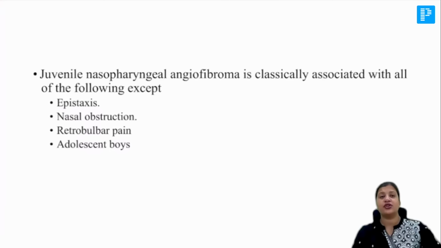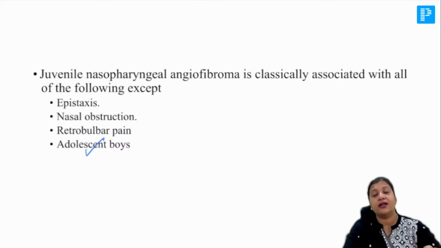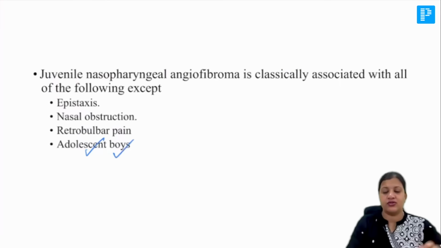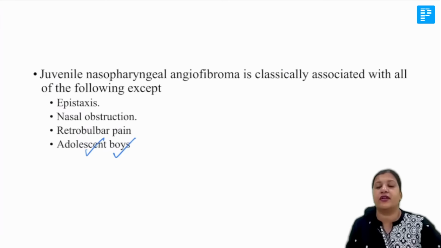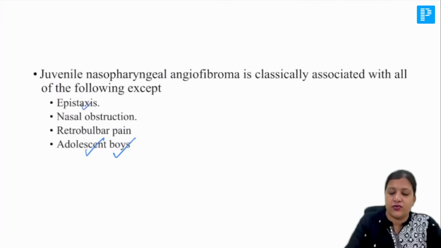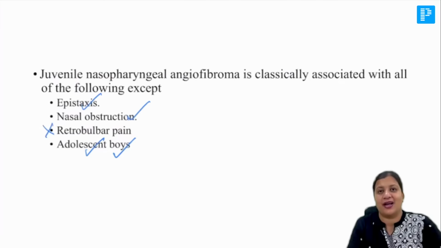Yes, we know angiofibroma is seen in juvenile age group, and it is a tumor that is exclusive to males because it is dependent on testosterone for its growth. It presents to you with epistaxis and nasal obstruction. What is not a feature is retrobulbar pain.